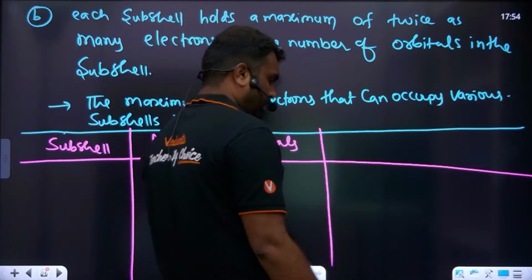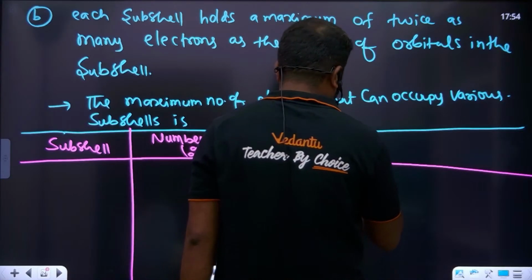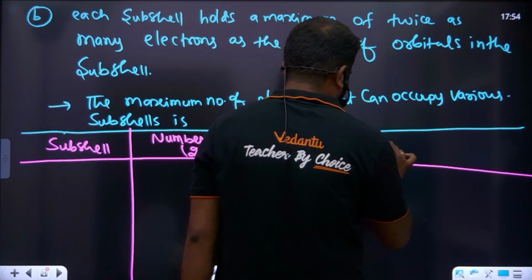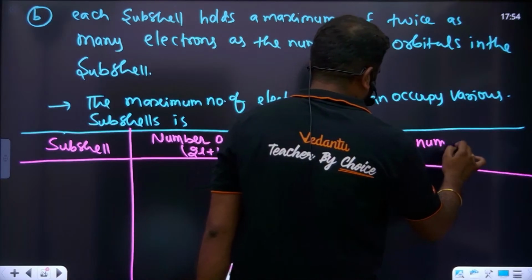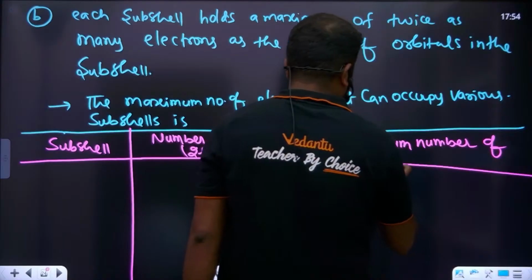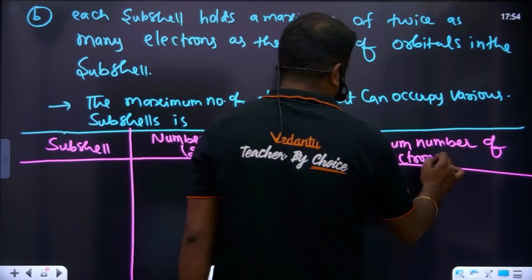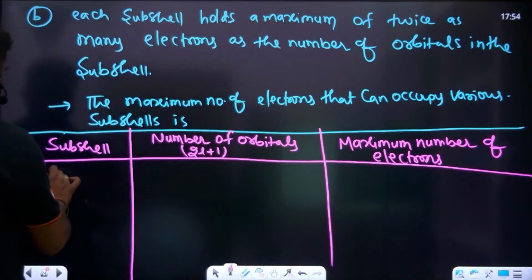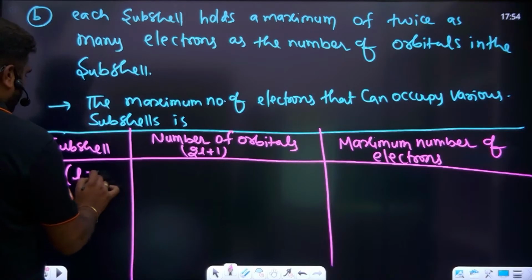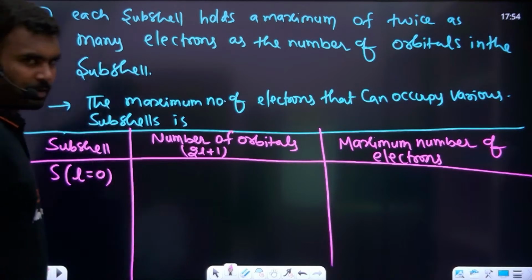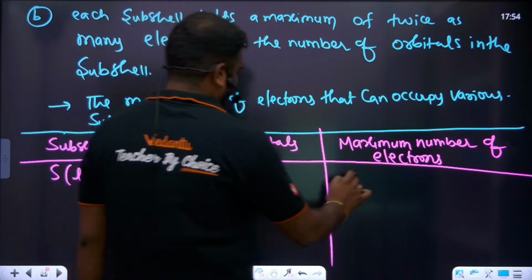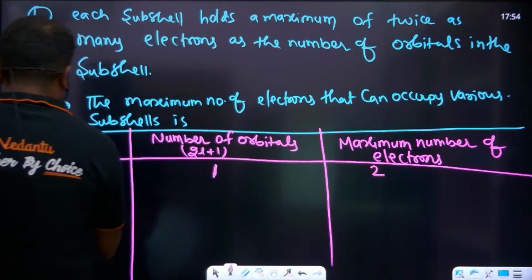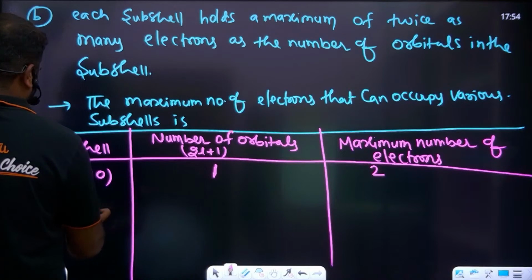And next, maximum number of electrons. Okay now. Here, for the s subshell, l is equal to 0. So 2l plus 1 is 2 into 0 plus 1, so 1 comes here, and 2 electrons are possible. Next, p subshell, l is equal to 1.